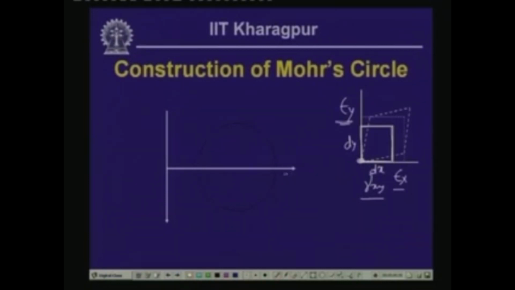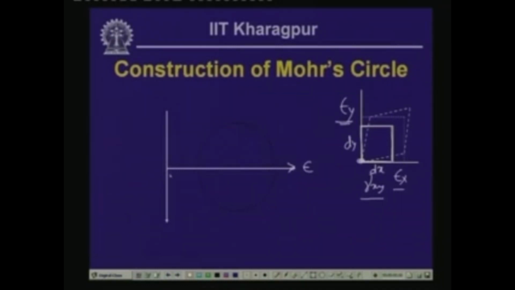Now, let us look into how, if we know the value of epsilon x, epsilon y and gamma xy at a particular point in a plane strain condition, we can extract the other information using Mohr cycle of strain. As we had discussed in case of stresses regarding the direction of the axis, this is the positive direction in which we call this epsilon.